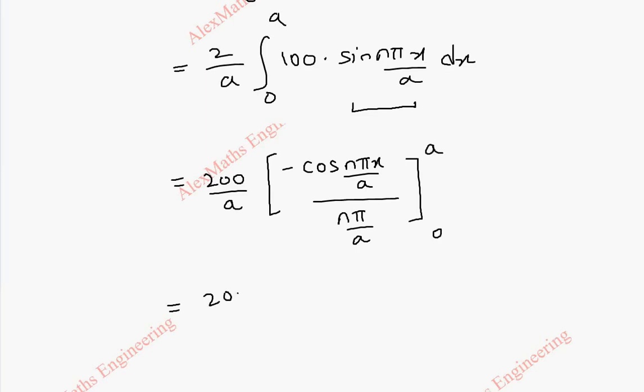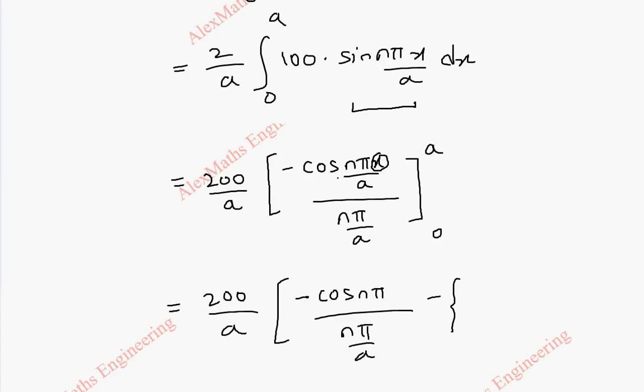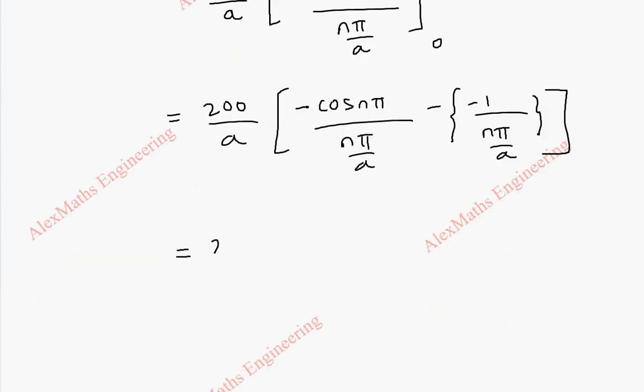So this will be 200 by a. When we use the upper limit a here, a gets cancelled. So minus of cos nπ, then divided by nπ/a. When I apply the lower limit, minus of cos 0 is 1. Already there is a minus, so minus 1 by nπ/a we will get. And now this will be 200 by a, and nπ/a we can take common.